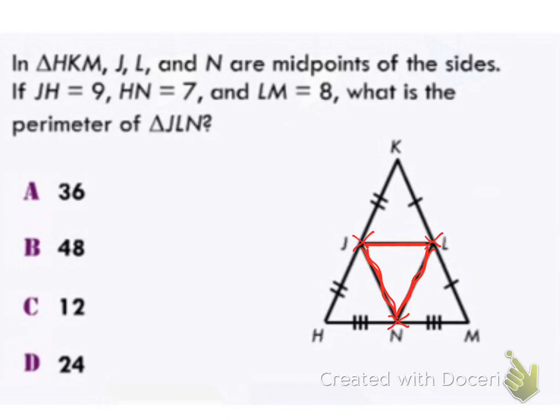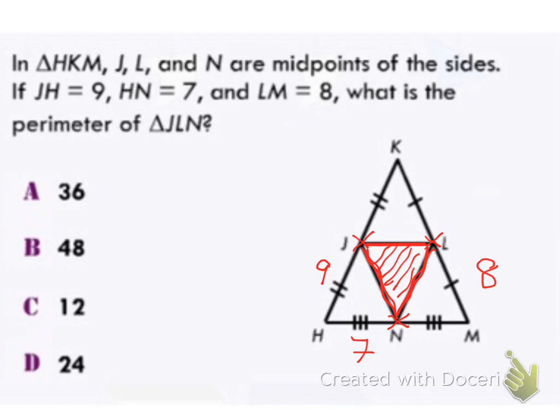All right, let's see what we have. They are telling us that JH is 9. Okay, so I know this piece is 9. HN is going to be 7, and LM is going to be 8. They want to know what is the perimeter of the small triangle inside, because that's JLN.